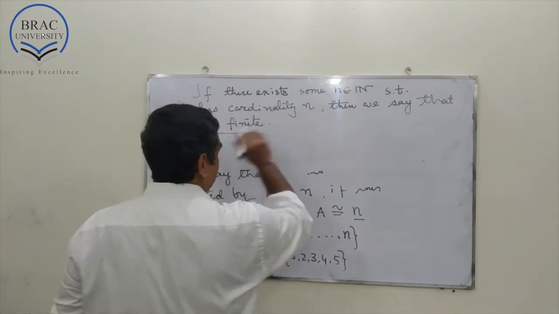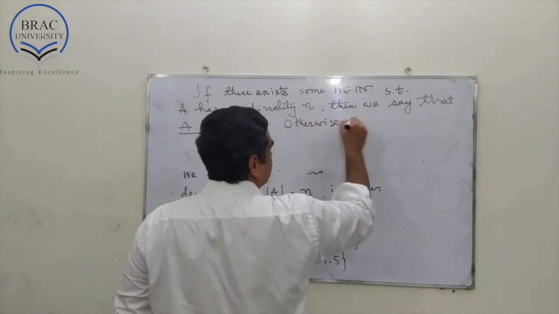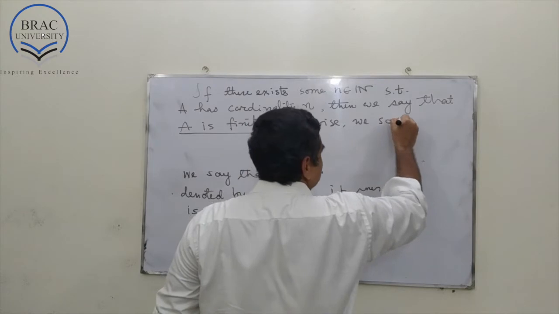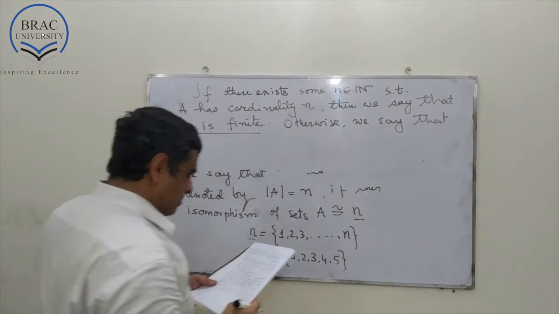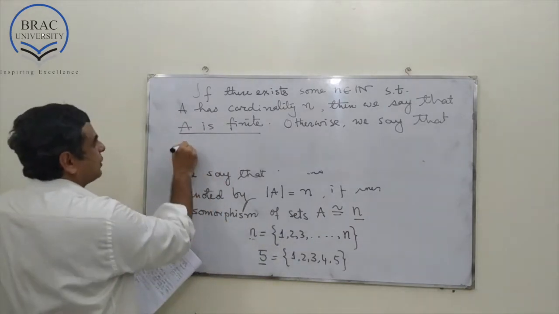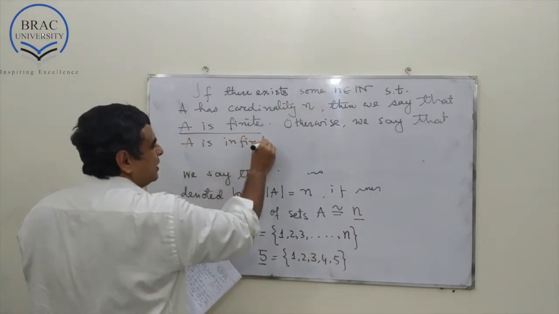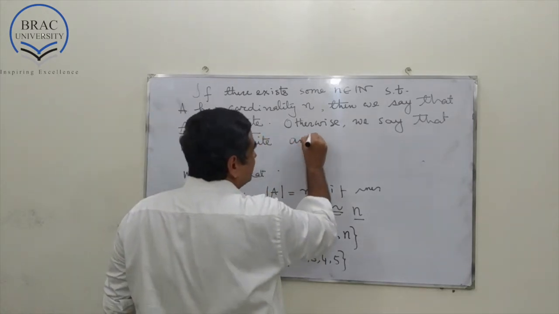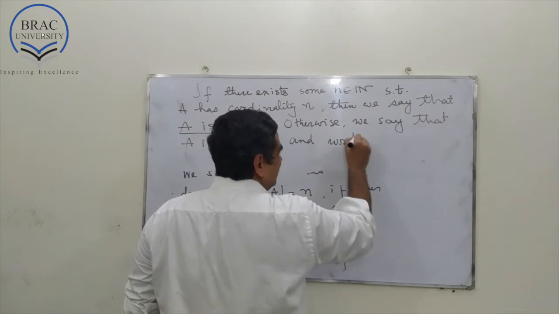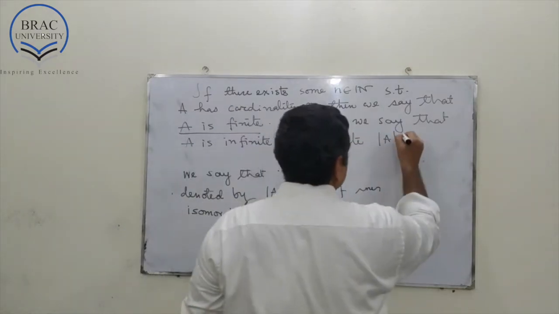Otherwise, if it is not the case, then we say that A is infinite, and write the cardinality of A being greater than or equal to infinity.